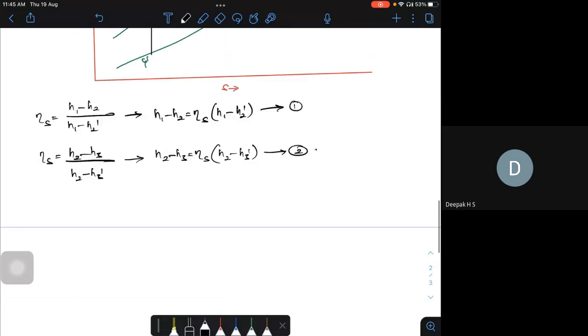If I write it for the third stage, this will be H3 minus H4 divided by H3 minus H4 dash, or H3 minus H4 is equal to stage efficiency into H3 minus H4 dash. I'm going to call this equation number 3.